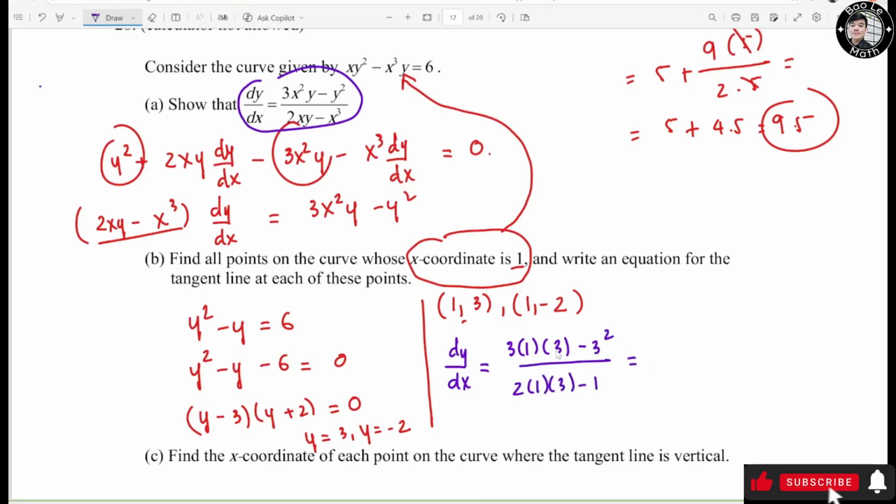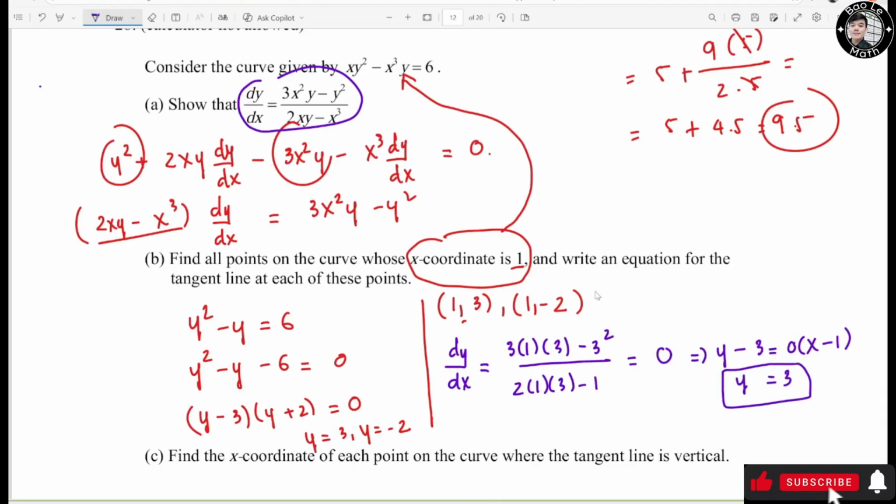So it could be 9 subtract 9 is going to be 0, right? So the slope equals 0, you have the point slope formula is going to be y minus y1, y1 is 3, equal the slope is 0 times s minus s1, it could be 1, right? So the equation should be y equals 3, the first one, right?